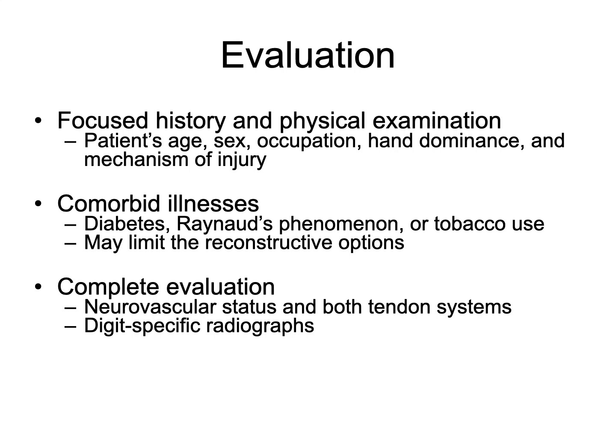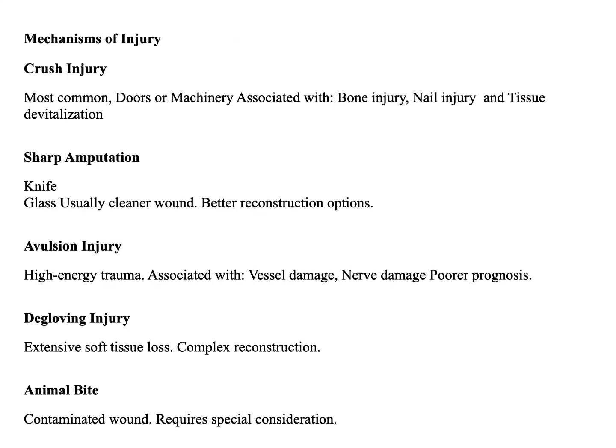Then we go to a complete evaluation of the neurovascular status and tendon system. Definitely we must get radiographs, and we will talk later about the views. Now the mechanism of injury. It's a different mechanism, like crushing injury.